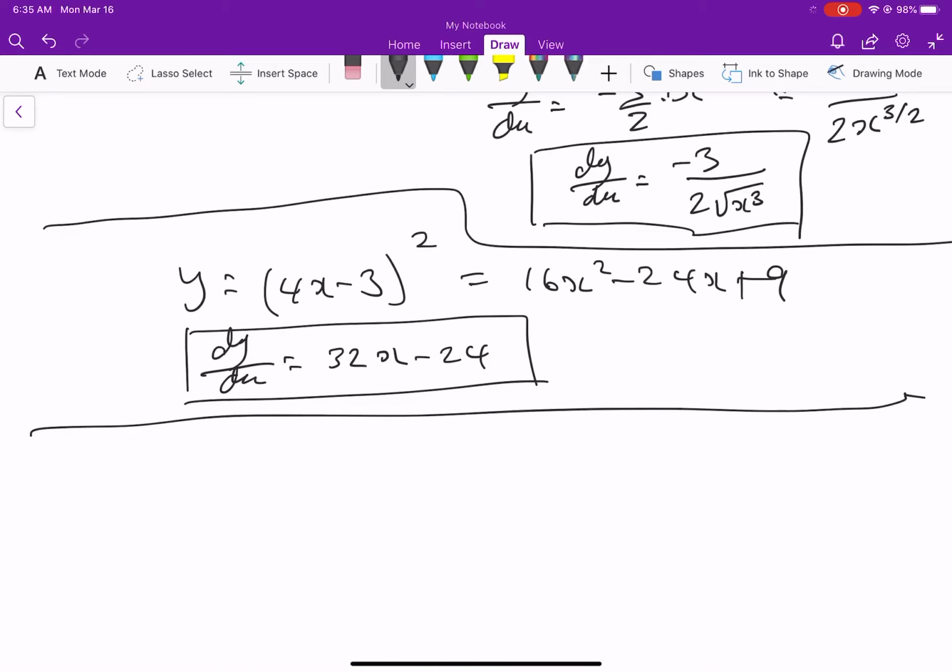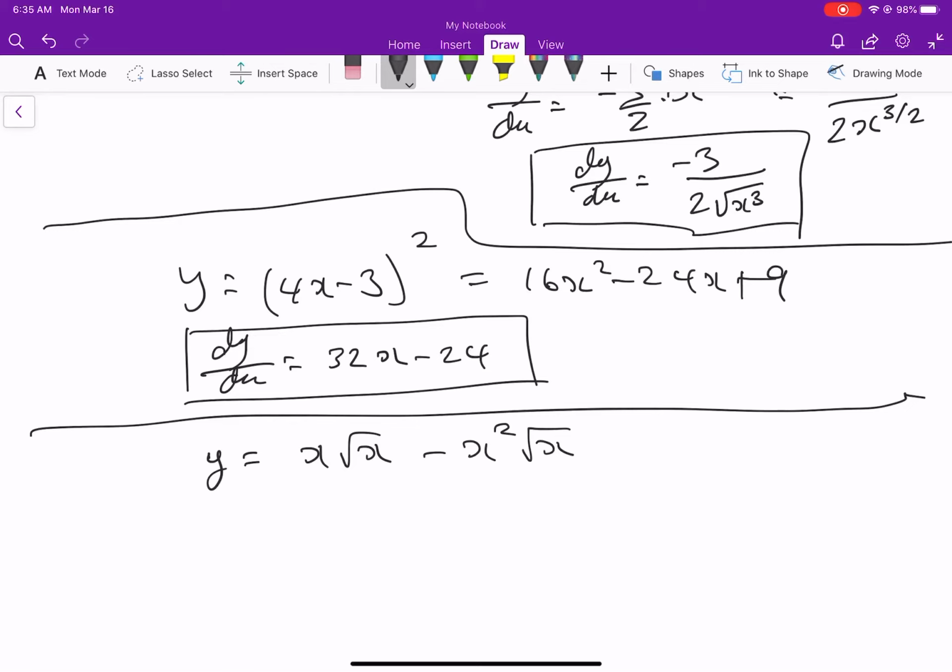Last example. y is equal to x root x minus x squared times root x.